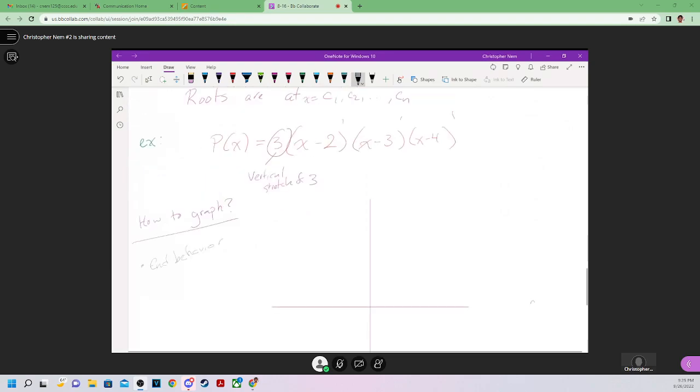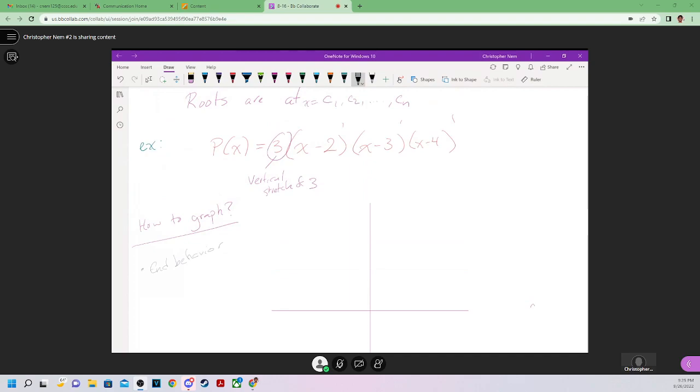So first of all, this is a third degree polynomial. I have 1, 2, 3. Now, if you expand it all the way, you should have 3x cubed plus all these other terms. I don't know what the other terms are. If you want to calculate, you can. But I know that I have a third degree polynomial.